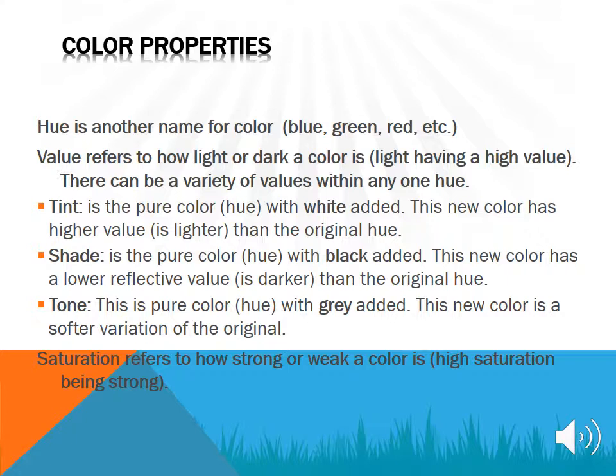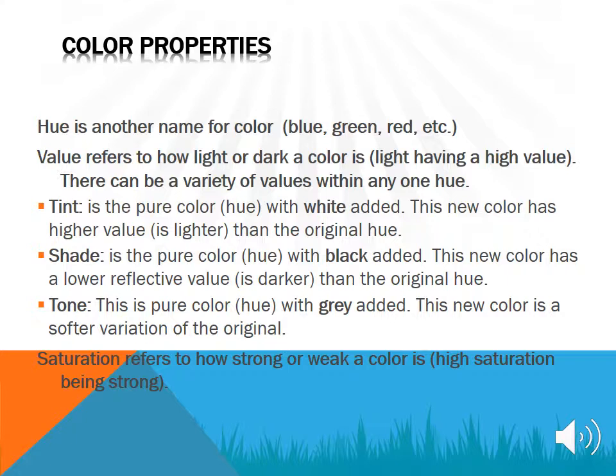Shade is the pure color with black added. This new color has a lower reflective value, or is darker than the original hue. Tone is a pure color with gray added. This new color is a soft variation of the original.